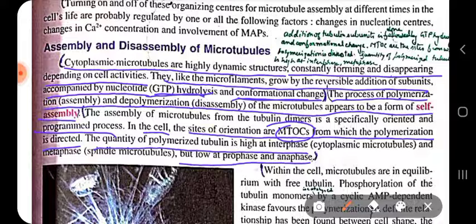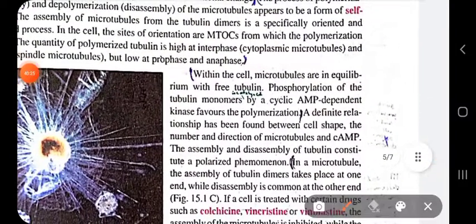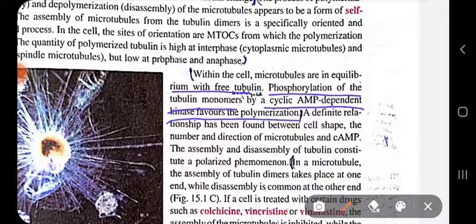Within the cell, microtubules are normally in equilibrium with free tubulin. Phosphorylation of the tubulin monomers, catalyzed by a cyclic AMP dependent kinase, favors the polymerization.